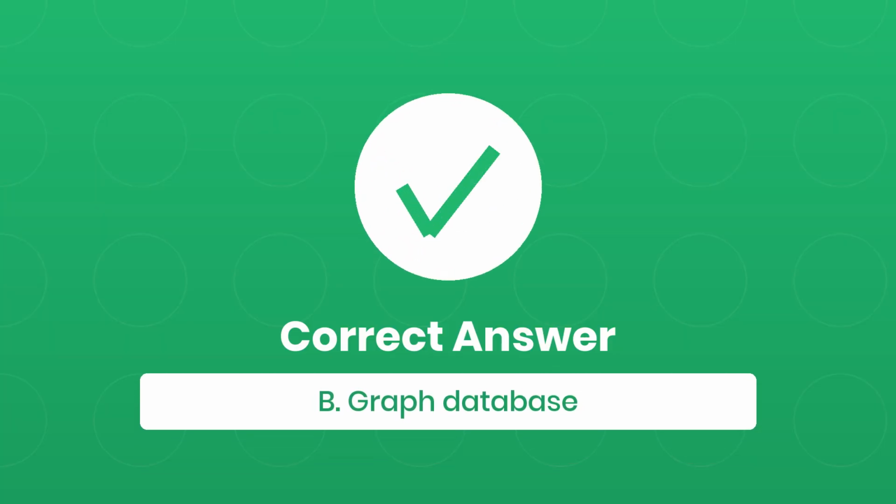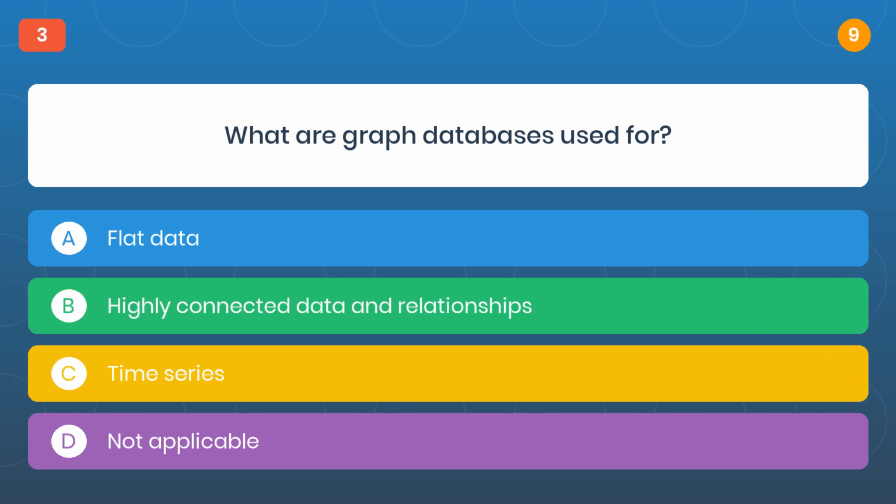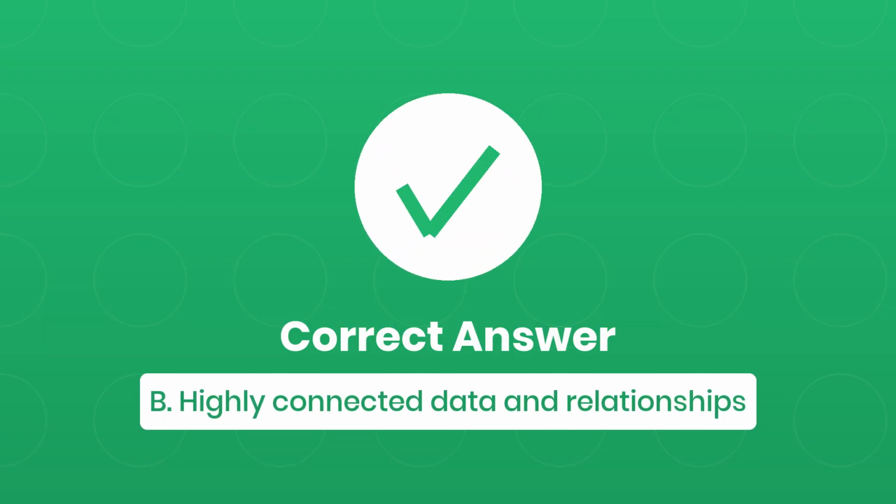The correct answer is B, graph database. Question 3. What are graph databases used for? The correct answer is B, highly connected data and relationships.